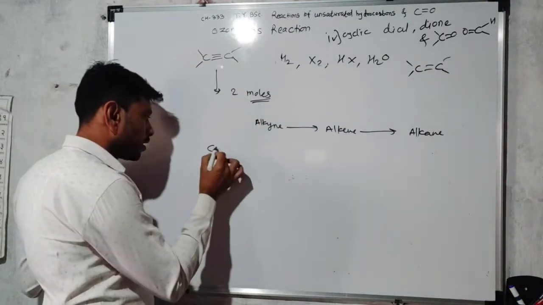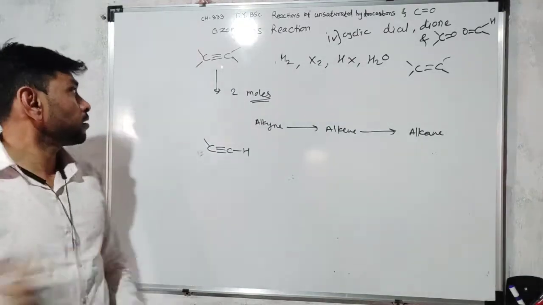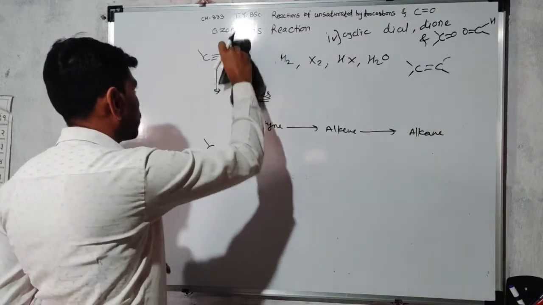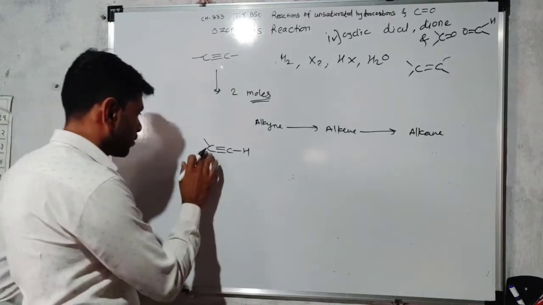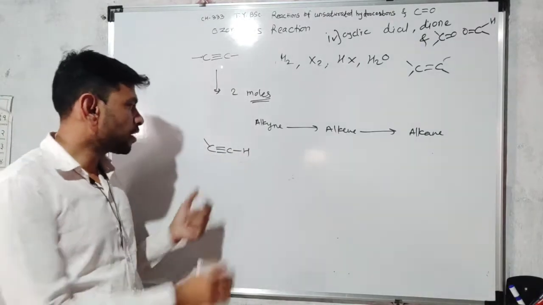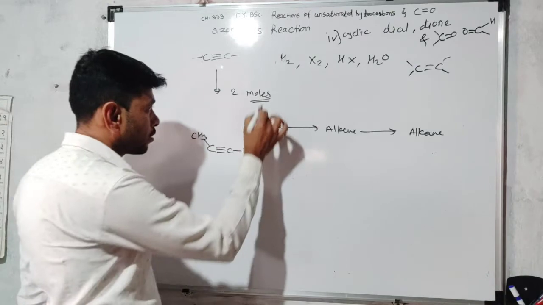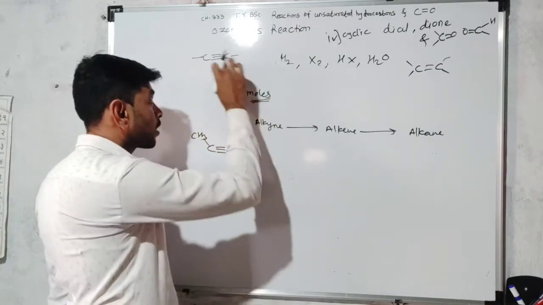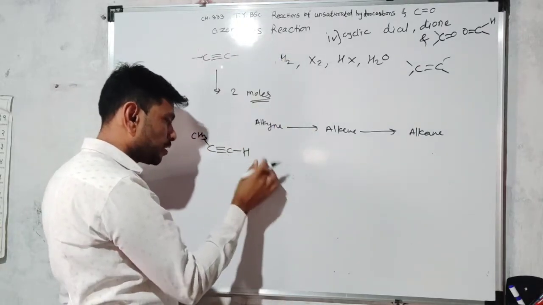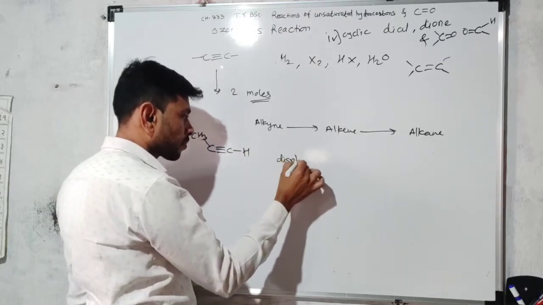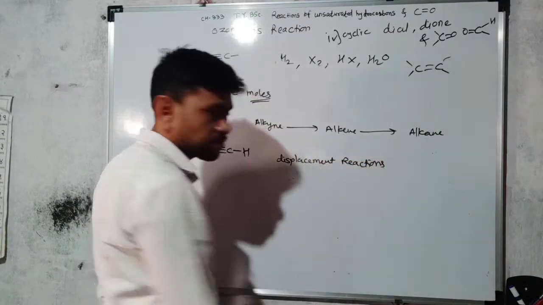Another important point: in the case of terminal alkynes, this hydrogen is there, and due to this hydrogen, the carbon-carbon triple bonded compound not only undergoes addition reactions, but also displacement reactions.